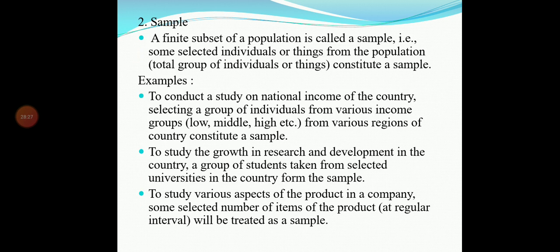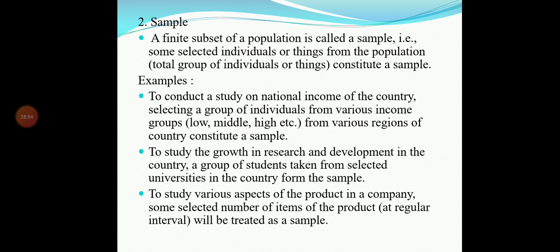Now we see the definition of sample. A finite subset of population is called a sample. That is, some selected individuals or things from the population constitute a sample. It may be individuals or it may be things.